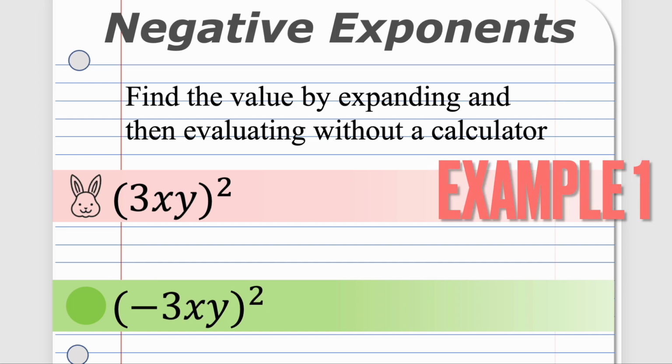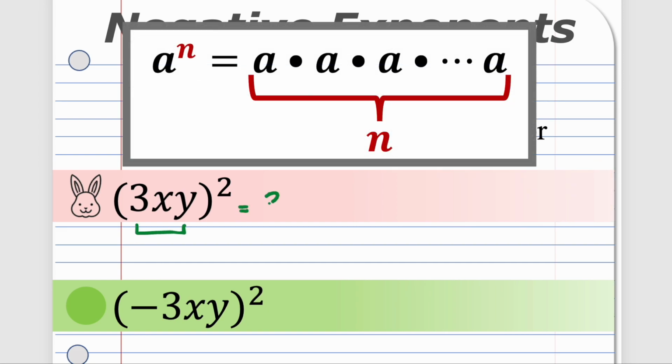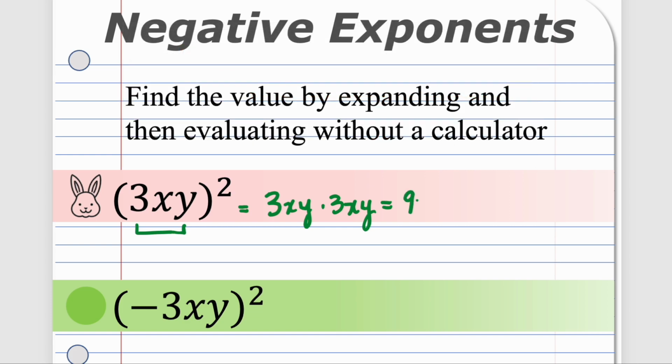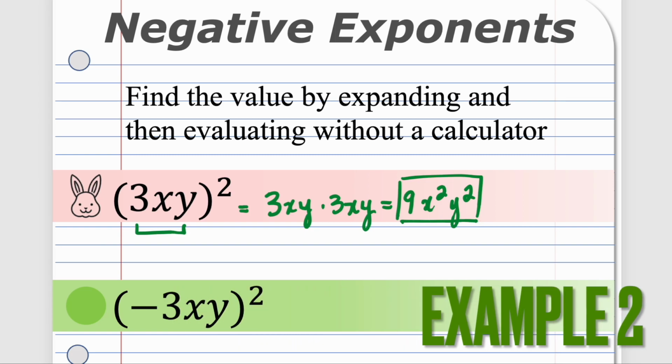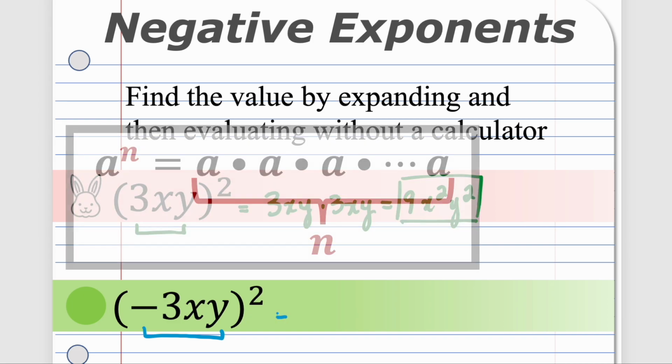First example, the base is 3xy, and the base is being repeated twice. 3 times 3 is 9, x times x is x squared, and y times y is y squared. Second example, the base is now a negative 3xy.